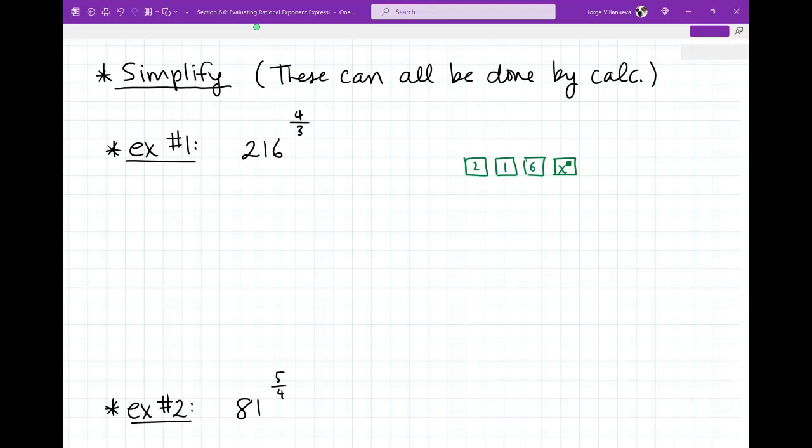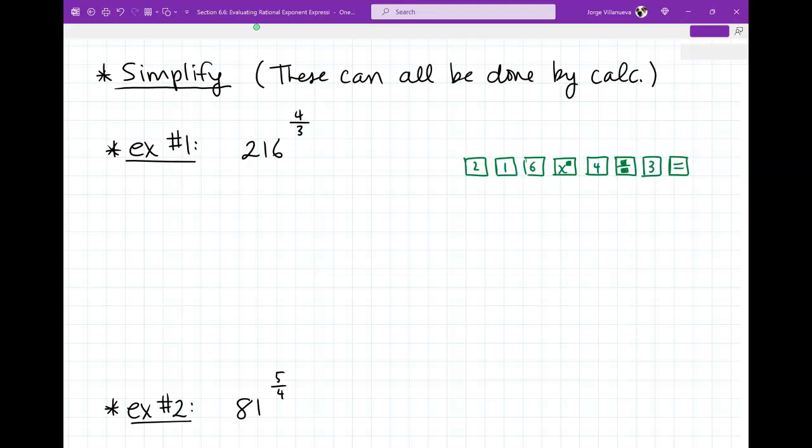So I'm going to put 4, and then this button. It looks like a box over a box, a fraction button. Okay? And then hit 3, and then hit enter, or equals, sorry. What does it give you? 1296. That's my answer. Okay? That's all I have to do to get example 1 done. Just know how to use my calculator.